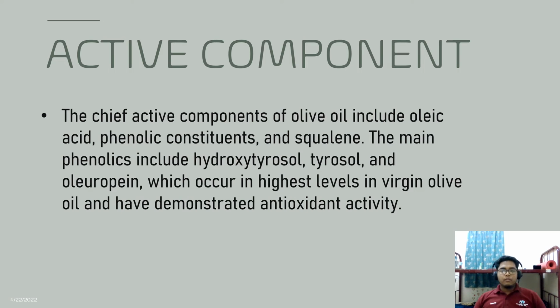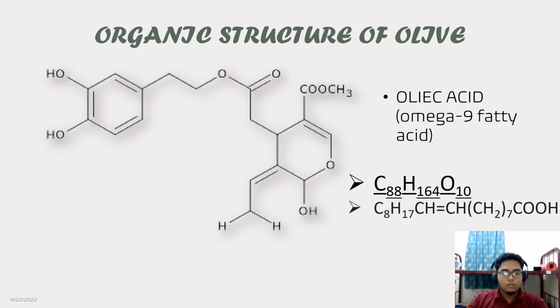Okay, the active components of olive oil include oleic acid, phenolic constituents, and squalene. The main phenolics include hydroxytyrosol, tyrosol, and oleuropein, which occur at the highest levels in virgin olive oil and have demonstrated antioxidant activity.